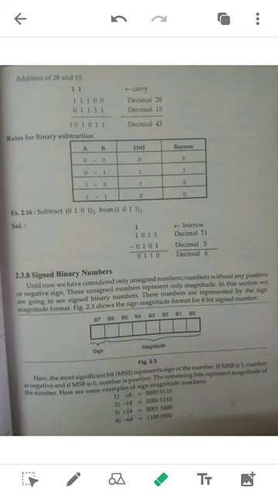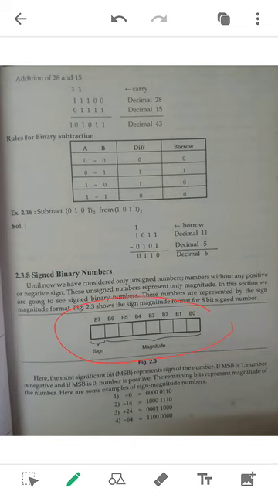So how to deal with signed numbers? Signed numbers means the numbers called positive numbers and the numbers called negative numbers. To represent the numbers as a positive number or a negative number, it is called signed binary numbers. In signed binary numbers, how to represent the signed binary numbers?